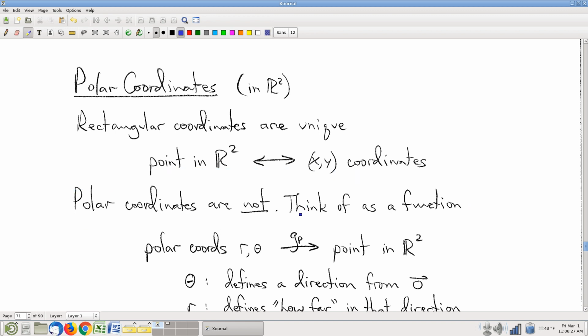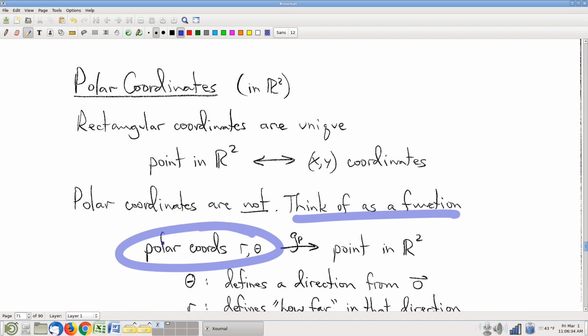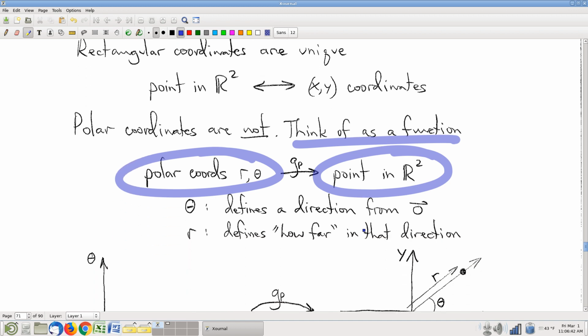So here's how I want us to think about it. I want to think of polar coordinates as a function. If you give me two numbers, r and theta, then what comes out is a point in the plane as follows.